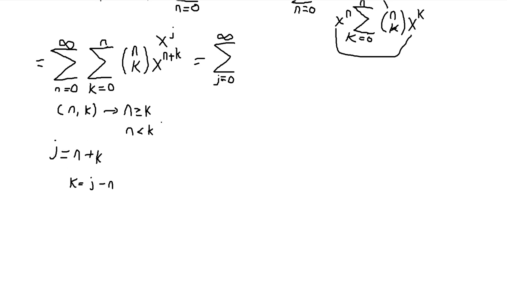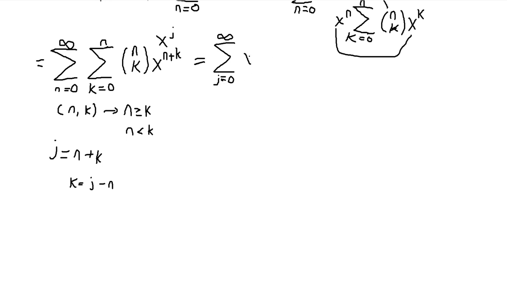And we know that we can make every non-negative integer value of j, because if we just think about k equal to 0, then j equals n. And since n goes from 0 to infinity, we certainly have j from 0 to infinity. So every single value of j can be reached.